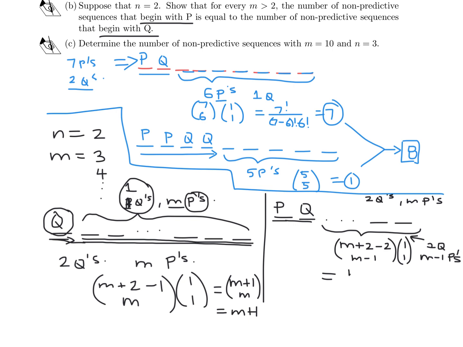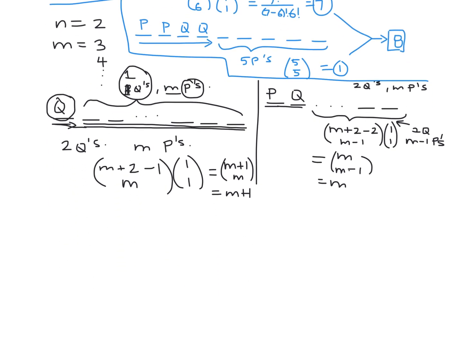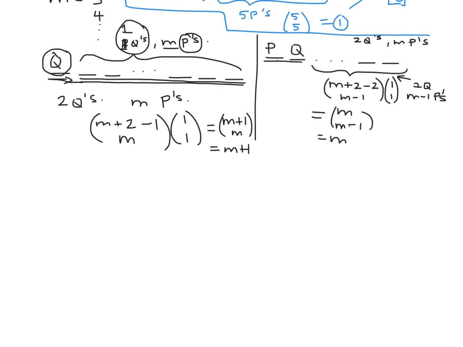So that just becomes m choose m minus 1, and m choose m minus 1 is equal to m. And I'll let you do that math. Okay, but we're still not done though. We still have a scenario where it starts with P, dot dot dot like that, and then we have a Q, but then we put another Q like that. That scenario.